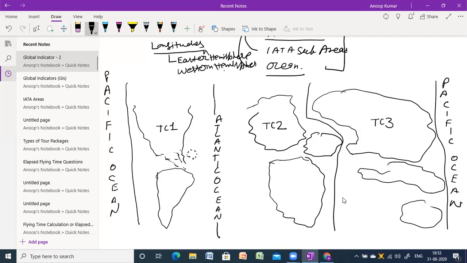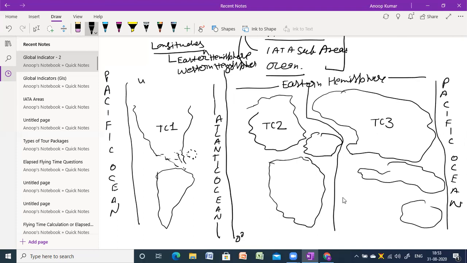So if this is the 0 degree latitude, sorry, 0 degree longitude, this longitude divides the world into two parts. This side is the eastern part, or Eastern Hemisphere, and this side is the western part, or Western Hemisphere. So this is one of the things which we should keep in mind.